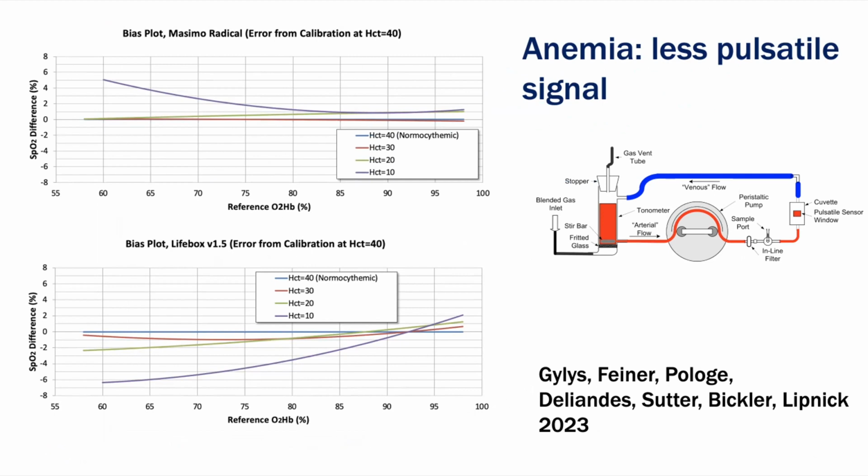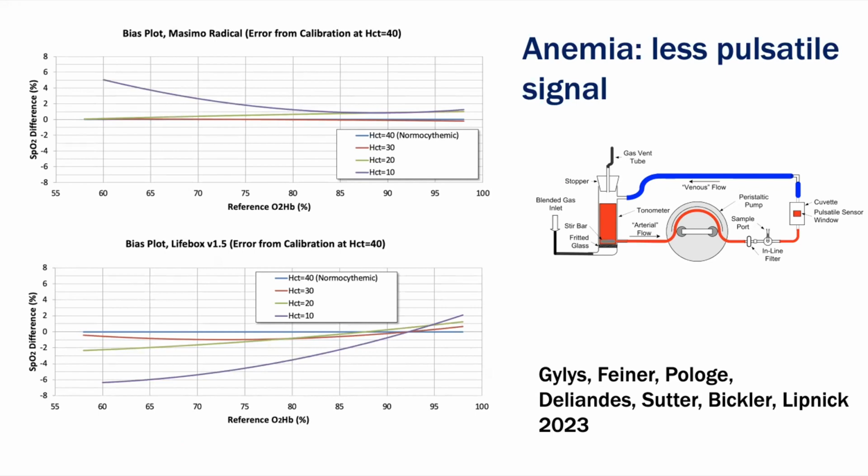To investigate some of these issues, my colleagues Ray Gillis, John Feiner, Jonas Apology and Ted Deliandis created this in vitro circulation device. So we can essentially reduce the hemoglobin to very, very low levels that would be unsafe to do in intact humans.